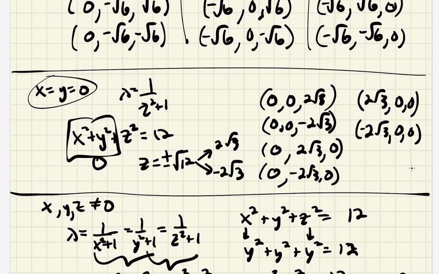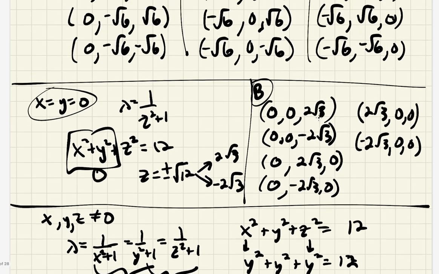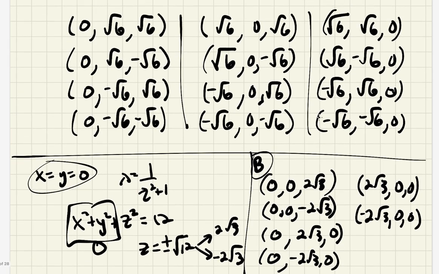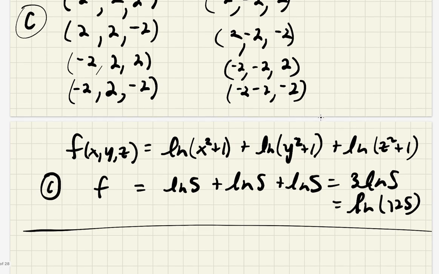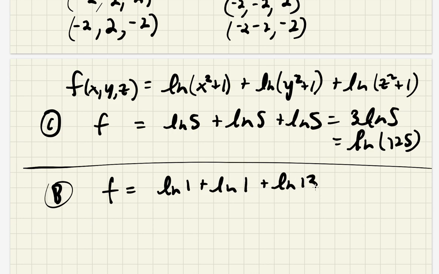Let's call these 6 points here b points, with 2 of them 0. And with z squared then 12, or so the constraint. So then the function at the b points would be ln of 1, so that's going to be 0. And then we'd have the ln of 13 there.